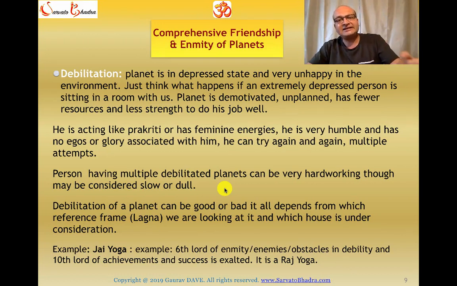Whereas his enemies, sixth lord, they are in depressed state. They do not have morals, they do not have resources, they do not have strength. That is why this native wins. And that is the glory of Jaya Yoga. Sixth lord in debility or weakness and tenth lord in exaltation.